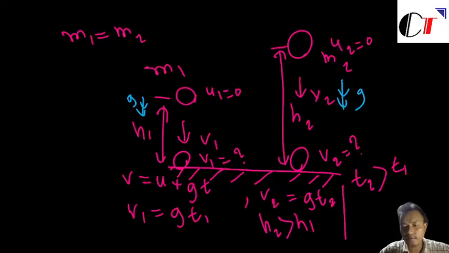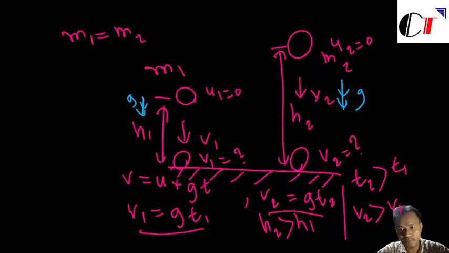So when they hit the ground, because object 2 takes longer time, from this equation you can easily see that the velocity v2 has to be definitely greater than v1. So what does it mean? It means that if you have two objects, in fact they can have the same mass or different masses, it doesn't matter because mass does not affect.